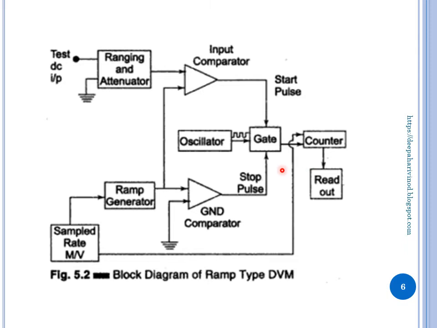The time duration of gate opening is proportional to the input voltage level. In the time interval between start and stop pulse, the gate opens and the oscillator circuit drives the counter.